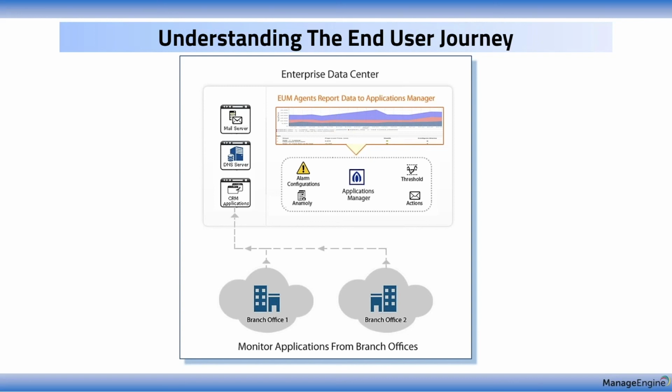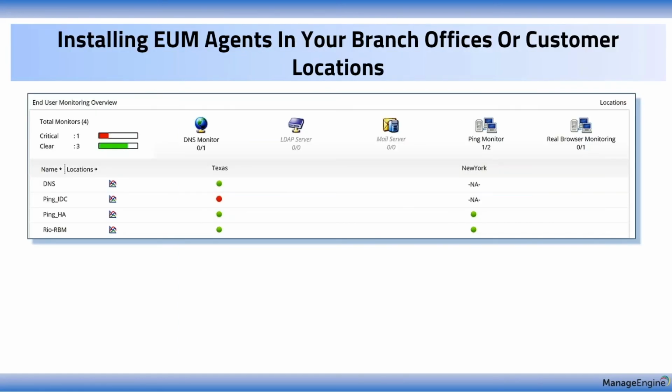That we will be discussing in the end user monitoring. So you can install multiple agents in your different locations and can track the performance metrics from different locations worldwide. All you need is a secure HTTP connection between the agent and the Applications Manager server. So once you have this connection available, you could get started seamlessly.